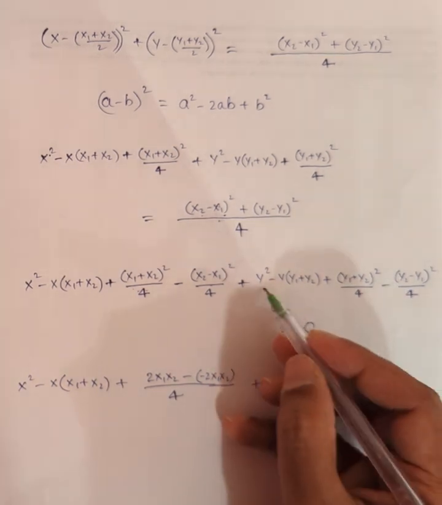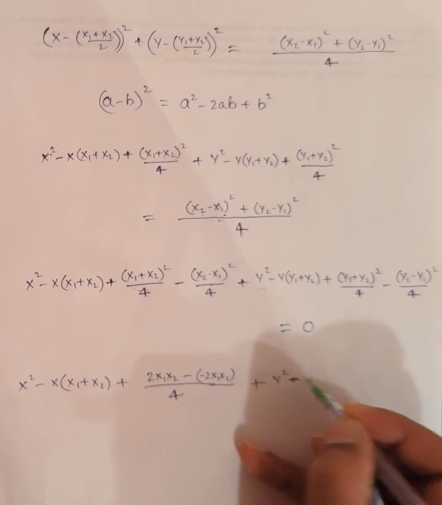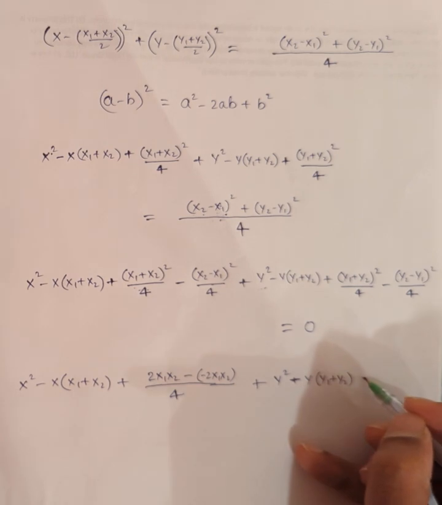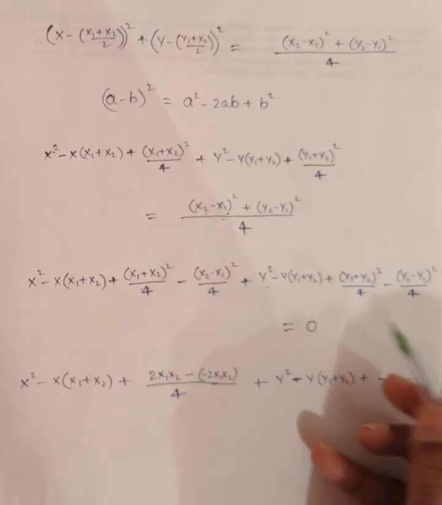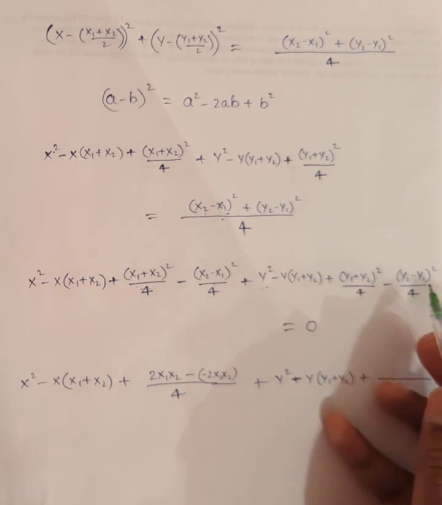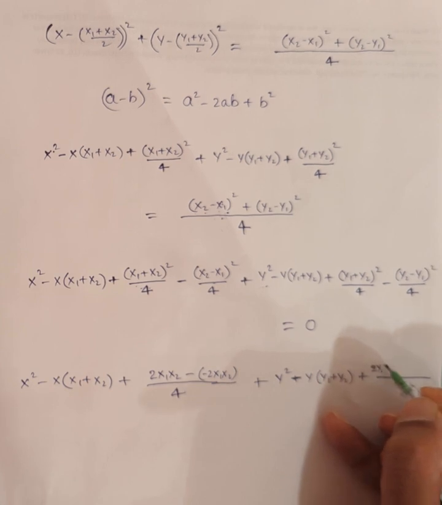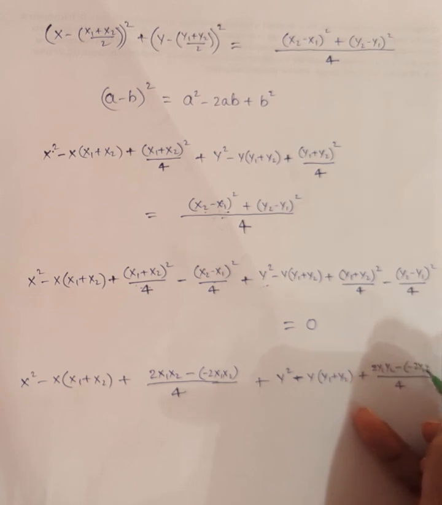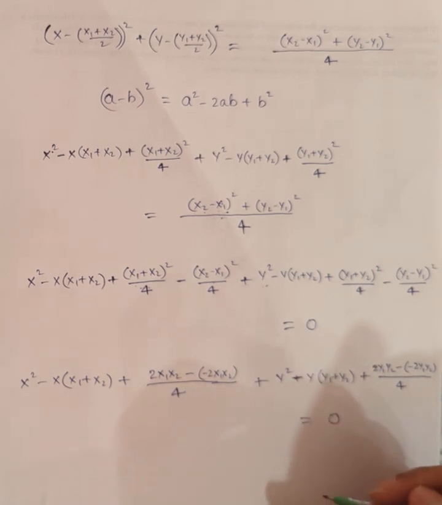Similarly, here I would copy the first two terms, y squared minus y times (y1 plus y2), plus the same idea applies. I would have 2 y1 y2 from the first term minus negative 2 y1 y2, is equal to 0. That's the right side.